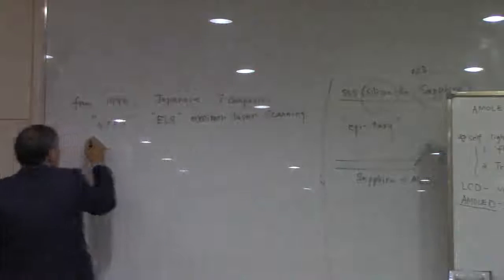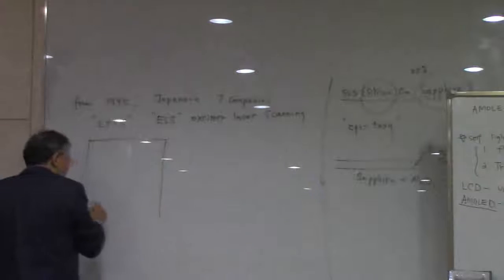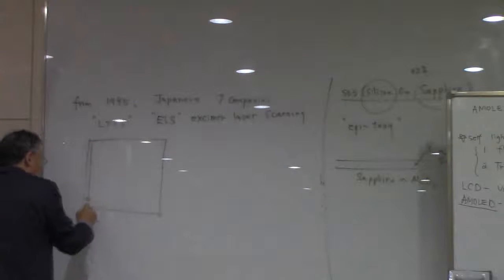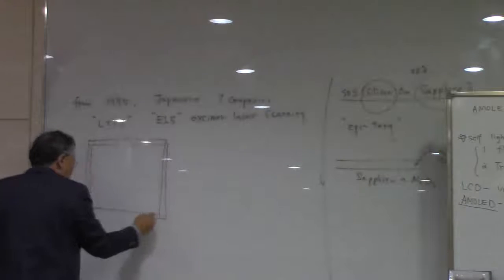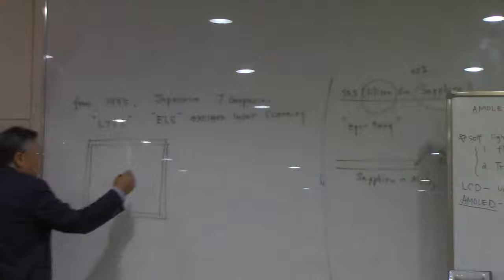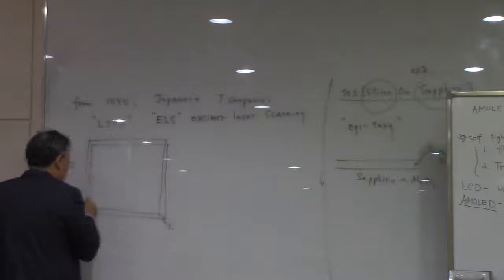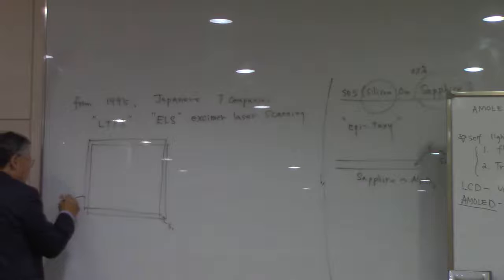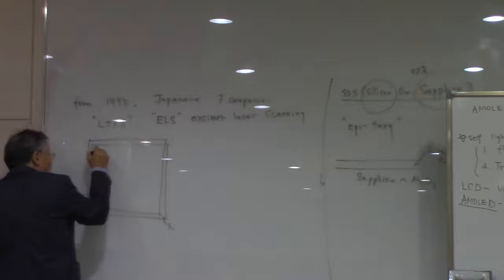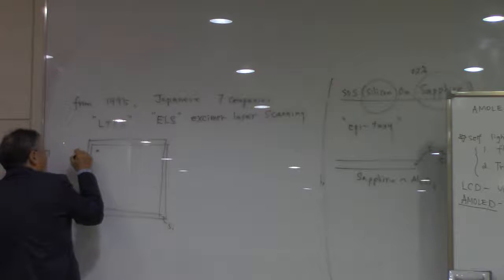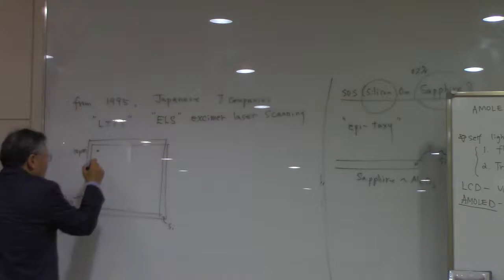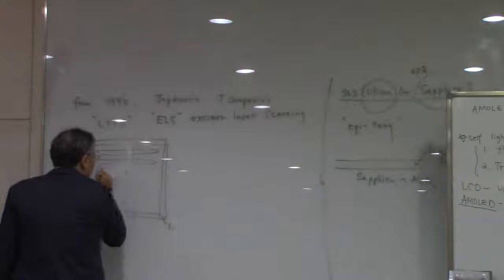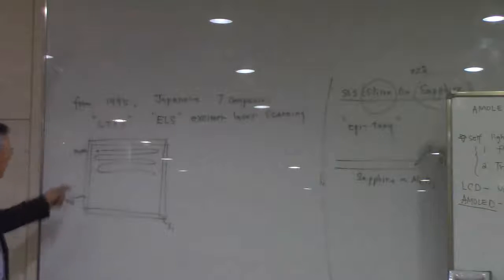And what they do is this: if this is a glass, and then they put just 1,000 angstrom of silicon, okay, and then they use a laser beam focused in the microns, about 10 microns in size, and then they just scan all over. Then what's happening is that this spot is going to be melted because of the focused laser beam, okay?